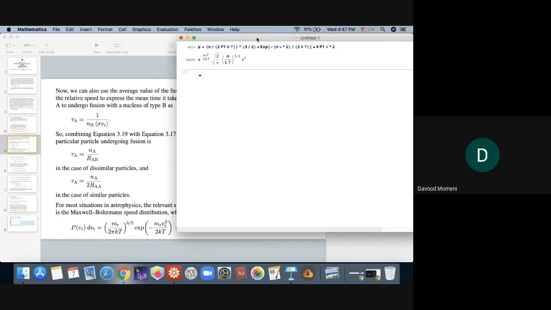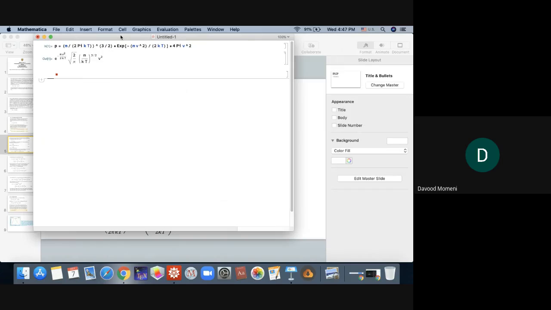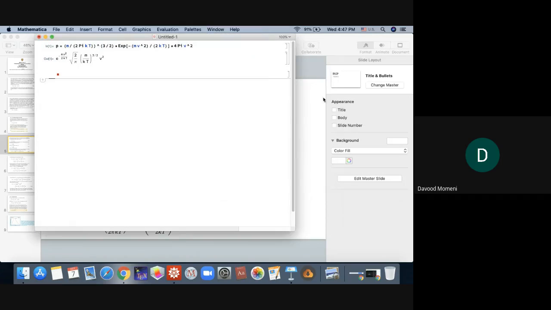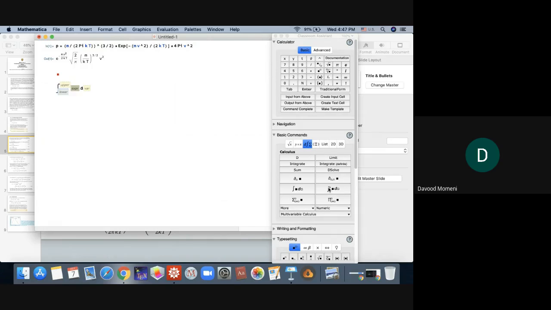I can plot this distribution if you want. But first, I want to show you the integral of this expression, which is 1. So we replace the expression here, and this is dv.